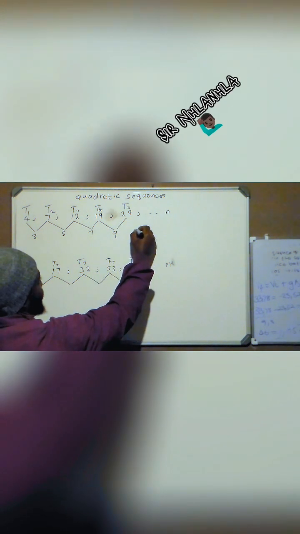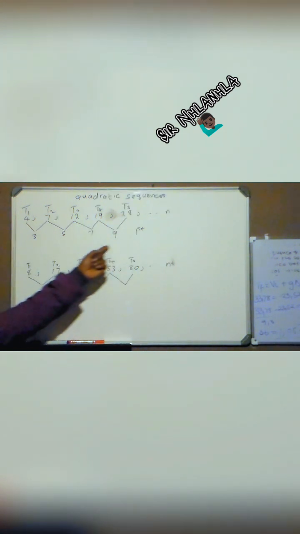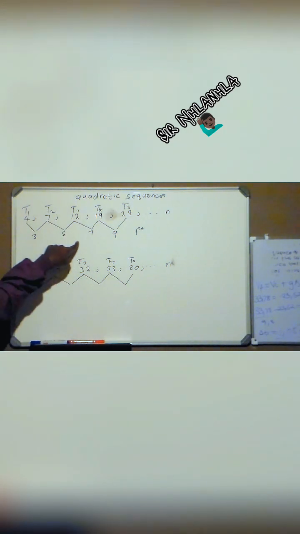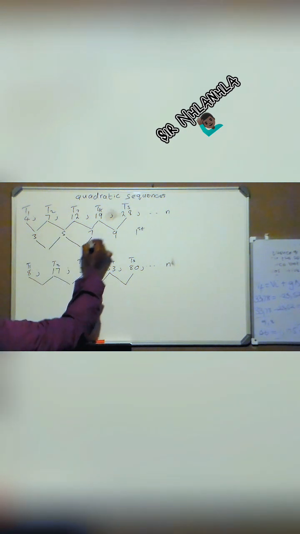So this is our first difference of the given sequence, and we can see that it does not give us a constant value. Therefore we are not talking of a quadratic sequence yet. So we go on to try to find the second difference of the sequence.